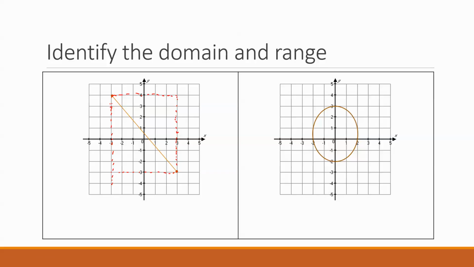Alright, so if we look from left to right, this graph runs from -3 in relationship to the x-axis, from -3 all the way over to +3. And since this was a solid circle up here, we're including that -3. Therefore, our domain for this graph would be a bracket to show that we're including the -3 all the way over to +3, and then parentheses because we had an open circle here.